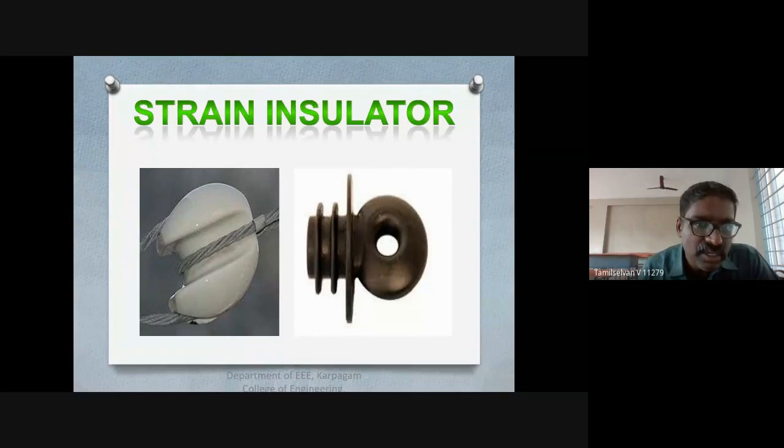When you are using higher voltages, you often have steel structured towers, so there we prefer to go for suspension type insulators.